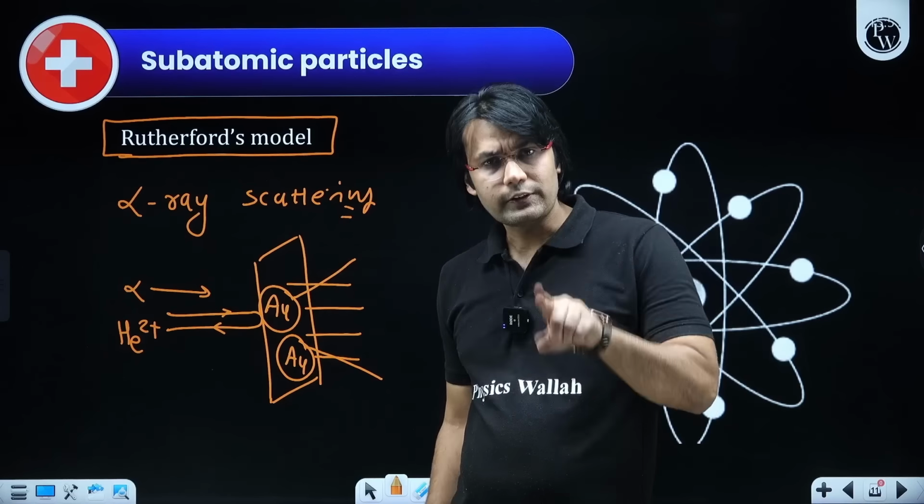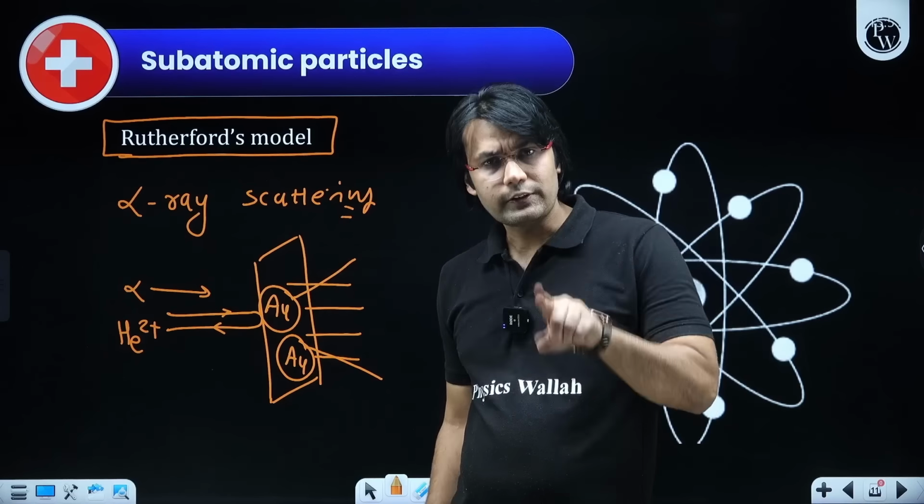In p, this portion, which looks like an ice cream cone, this whole part is a node. Two ice cream cones, you can say. These two ice cream cones are your angular nodes. So in each p orbital, you have one angular node.